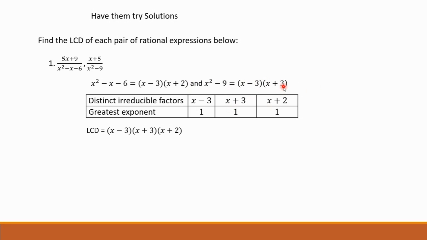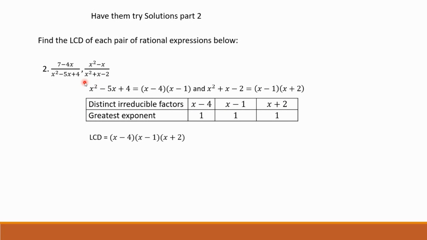X plus 3 is here, and the only exponent is 1. Remember, you normally take the bigger exponent, but here, for each factor, the exponents are all 1. So this is the LCD.